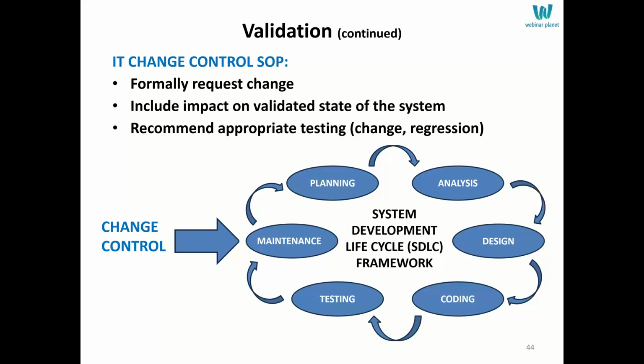So you should have an IT change control SOP that allows someone to request a specific change, indicate the impact of the change on the validated state of the system, and based on that potential impact, recommend appropriate testing. Test the change and do regression testing to make sure the change didn't alter anything else.